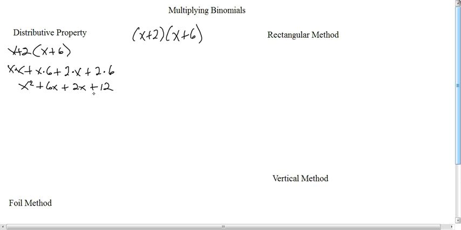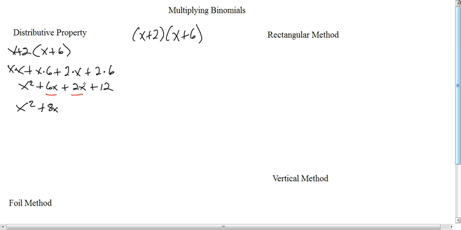Now I have like terms that you can see, so we definitely need to make sure that we combine our like terms. So my like terms here are 6x and 2x. So combining my like terms, I will have x squared, 6 and 2 is 8, so that's a plus 8.